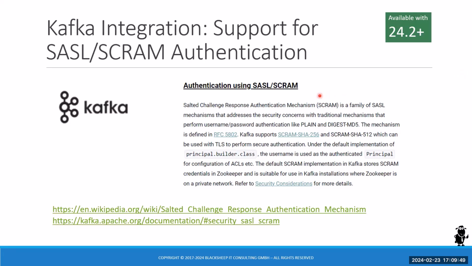That now supports the SASL SCRAM, the salted challenge, etc. And that is a combination of two standard mechanisms that Kafka supports, I think, for a long time. And now basically it's documented and supported if you use Kafka with the Siebel integration. Okay. Anything to add about that?